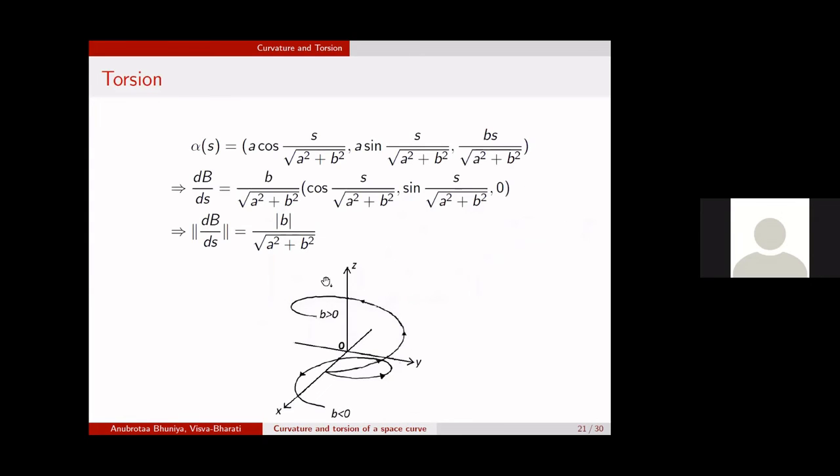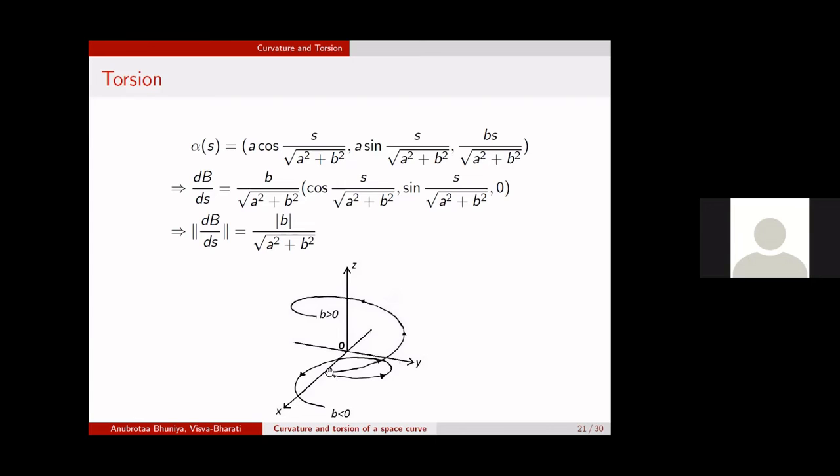But here comes a problem. If we take norm dB/ds, similarly as before, as we have taken norm dT/ds as the curvature, what comes the problem? For the previous helix, we are getting norm dB/ds as mod b by root over a square plus b square.